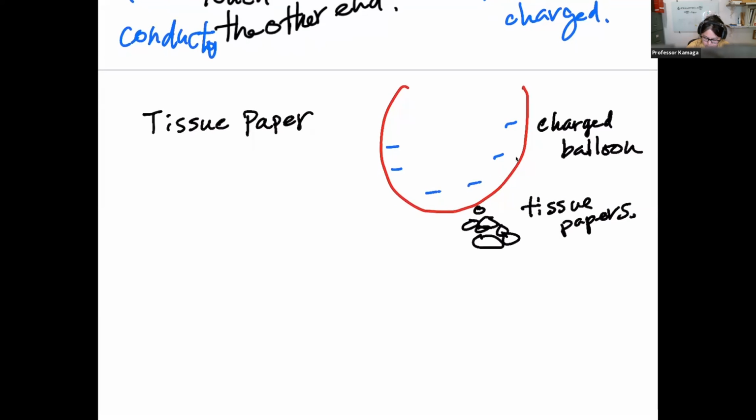And these are non-conductive insulators, with no free electrons. But they like to be attracted so much.